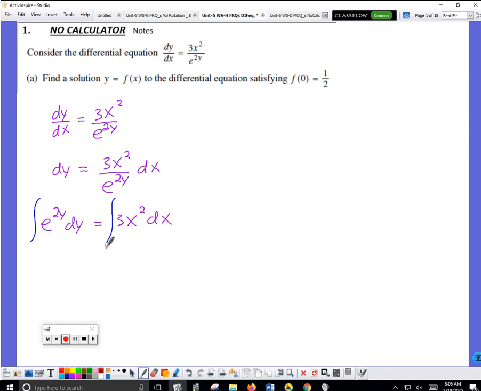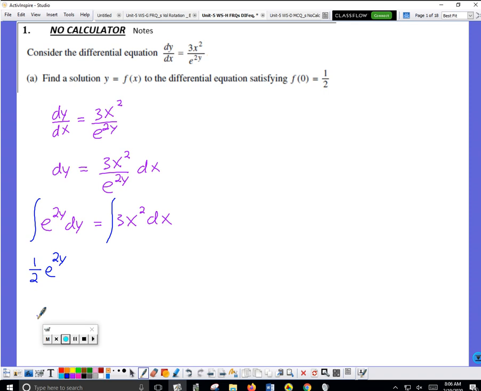So I look at my rule sheet and I'm like, oh, I have a rule. It's the expanded exponential rule. So a is 2 and b is 0. So I simply write down the antiderivative. 1 over a, e to the ax plus b.